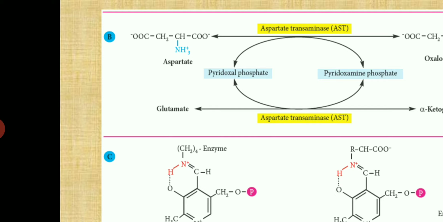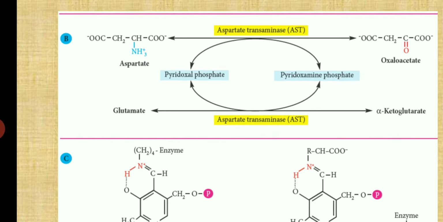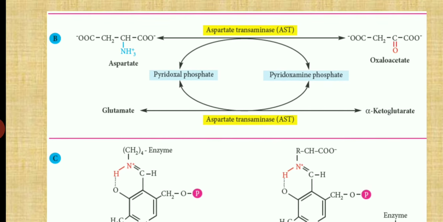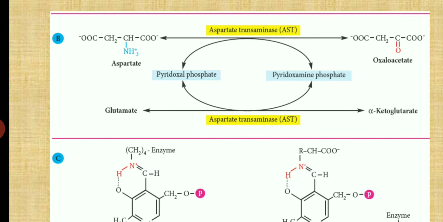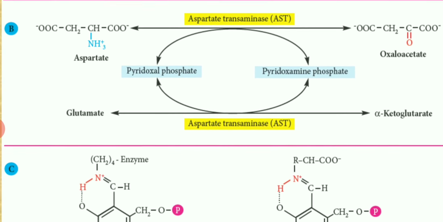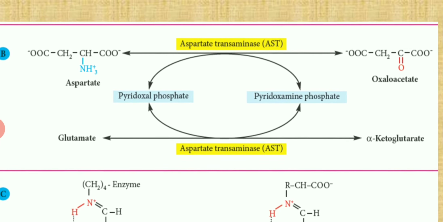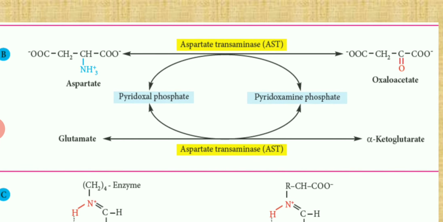By shift of double bond, aldehyde is converted into ketimine, which is hydrolyzed to release alpha keto acid 1, leaving pyridoxamine phosphate. So aspartate combines with pyridoxal phosphate to form pyridoxamine phosphate and oxaloacetate. So oxaloacetate is the keto acid which is formed.